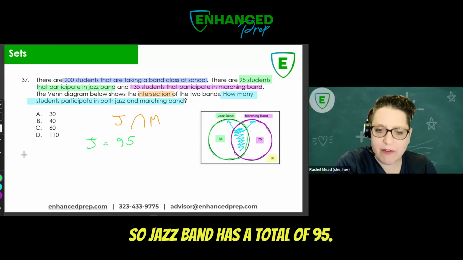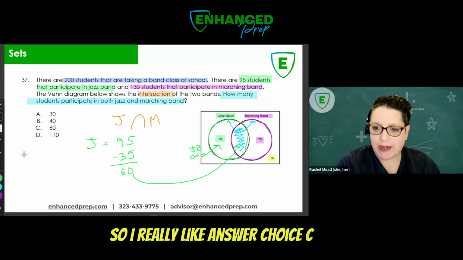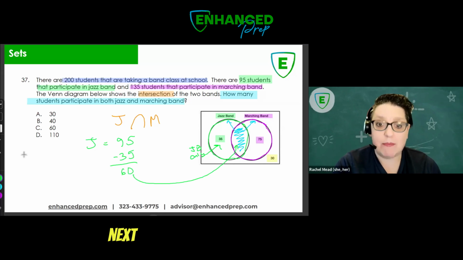If I subtract my 35, that's telling me that I have 60 that are going to have to fall into this portion, because my 35 in jazz band only, plus my 60 that do both jazz band and marching band, is going to have to equal that 95. So I really like answer choice C right now, but I want to check that with my next statement when I have time to do so. If time is a crunch, I need to choose answer choice C and move on. But let me take a quick moment to show you why that's correct.